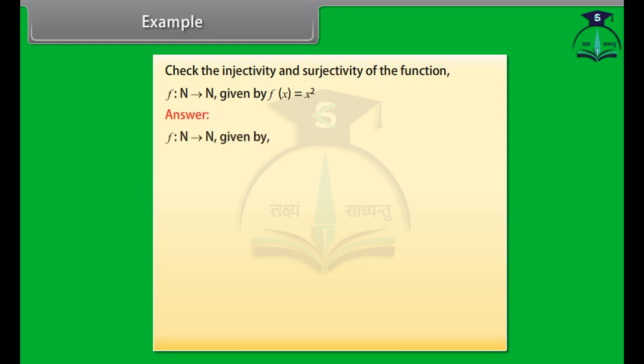Answer. Function f from N to N is given by f(x) = x square. It is seen that for x, y belongs to N, f(x) = f(y), which implies that x square = y square, which implies that x = y.